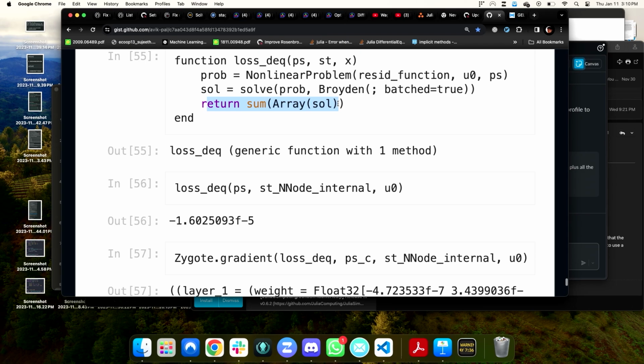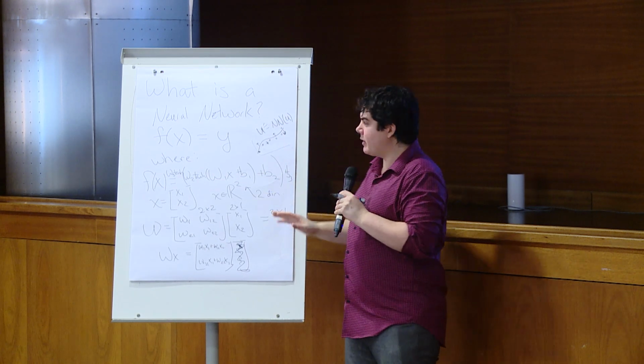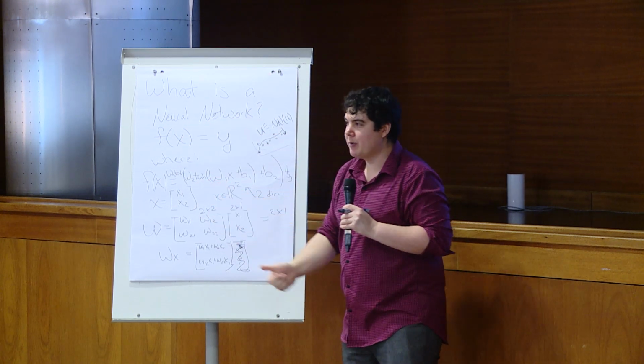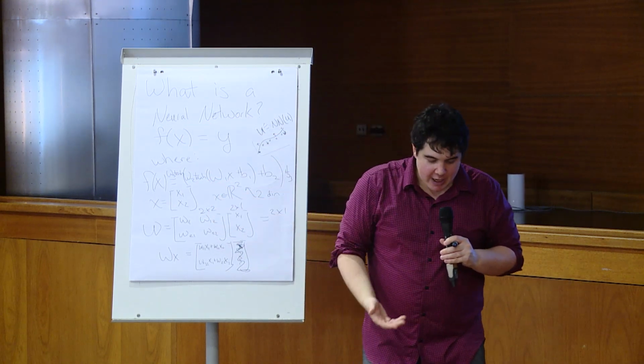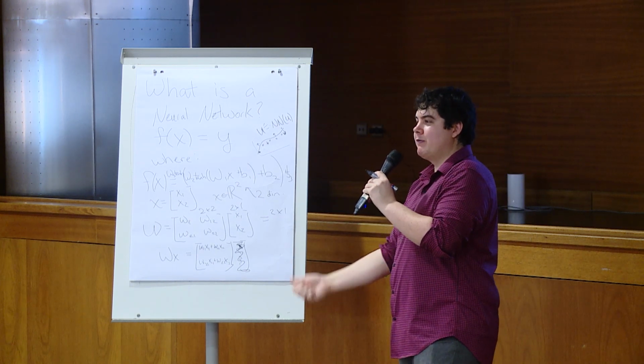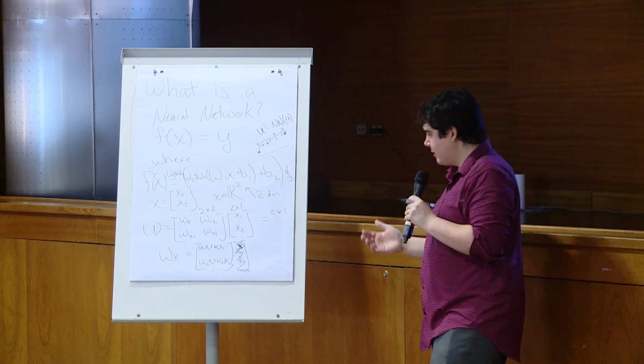So let me go all the way back to the start and say, what did we do? What is a neural network? It's a function that just has a bunch of numbers inside of it. And it's designed in such a way that if you have enough of the numbers, then it can match any possible function.